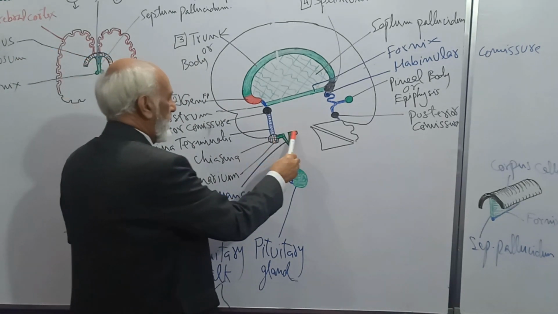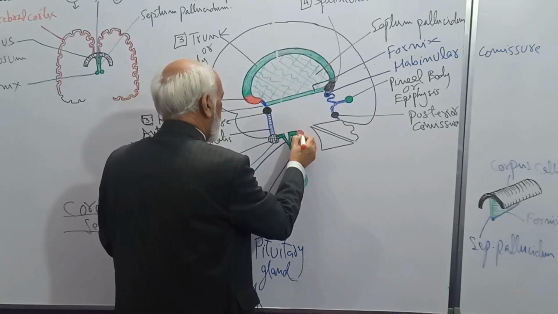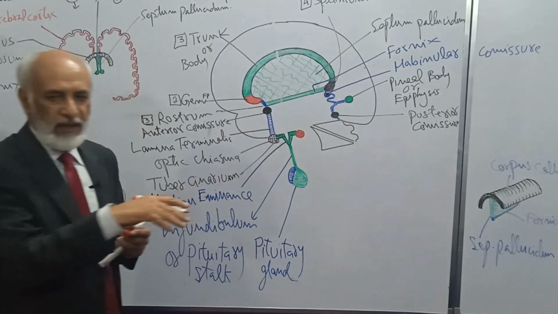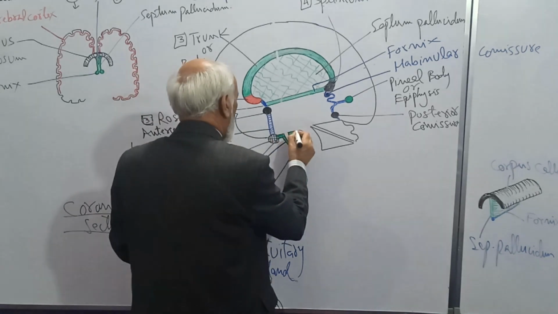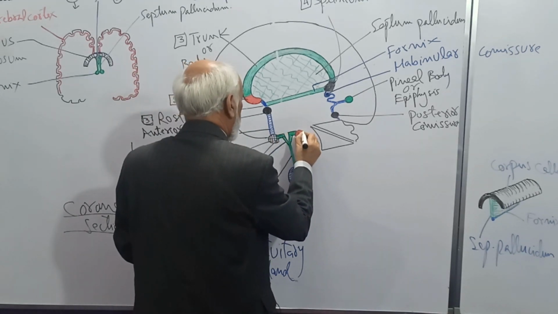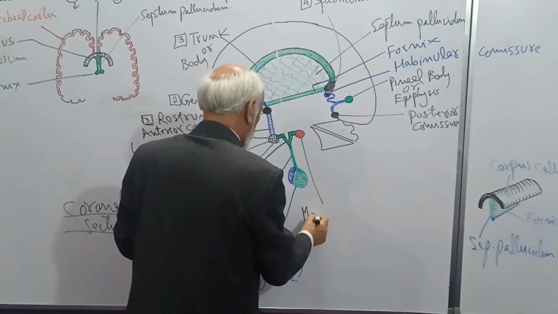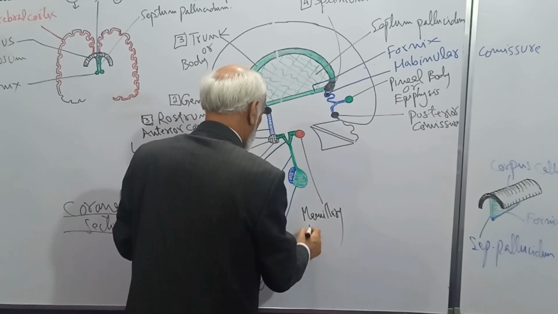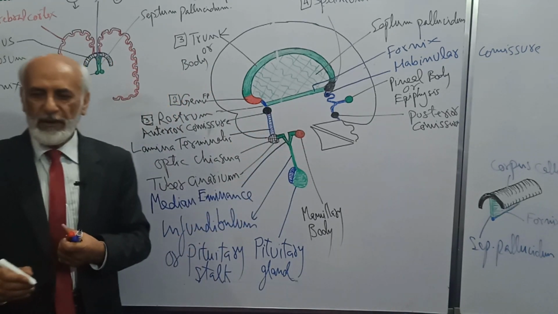Now, still behind the tuber cinereum on the basal surface, there are two rounded elevations. One is right, one is left. And here in this diagram, I have shown one elevation, known as the mammillary body. One right, one left mammillary body.